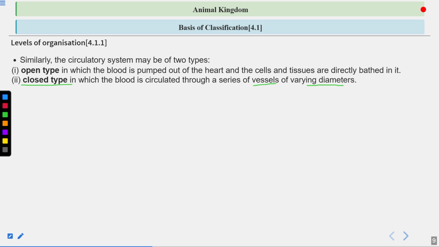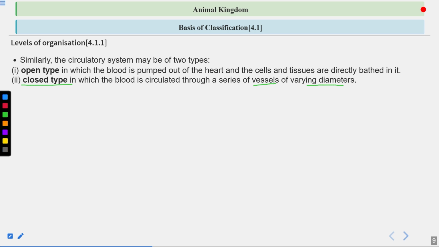Okay. So one, we are having the arthropodans, right? Arthropodans, and mollusk also. Mollusk also having the open type of circulatory system. In these two phylum, you see that they are having the open type of circulatory system.